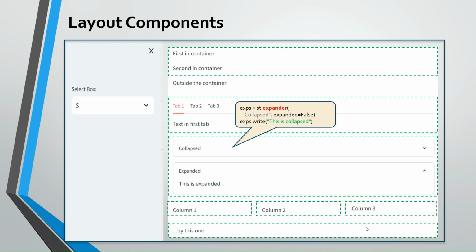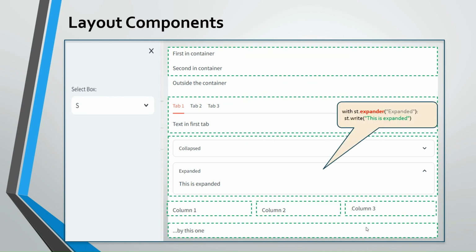So it will be collapsed by default. The way you use it is, definitely you can use a with syntax as we've seen before, or the instantiated variable. And here on top you have a collapsed container. At the bottom you have an expanded container, with expanded true.